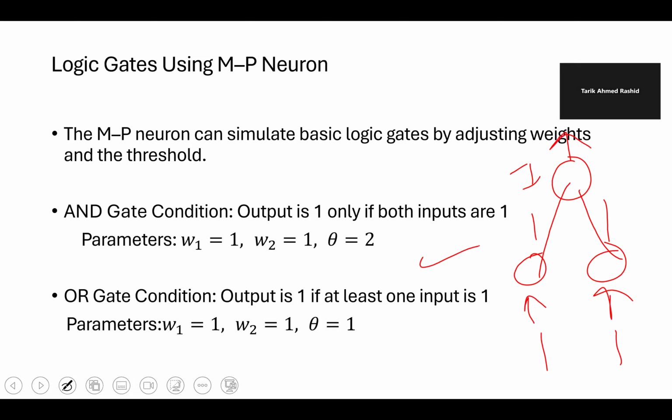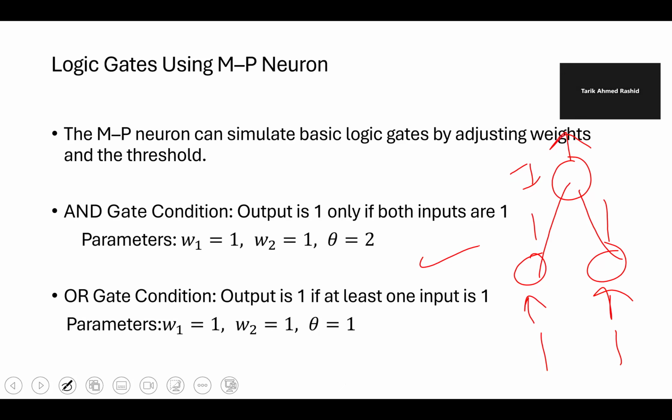That's the basic idea of the AND gate, and there's also the OR gate condition. For the OR gate, you need just one input to be 1, and the output would be 1.